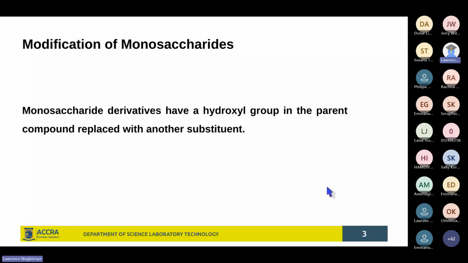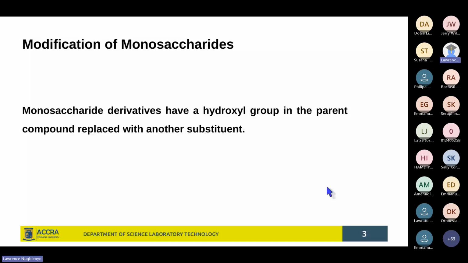Generally, monosaccharide modifications are compounds that are derived from a parent monosaccharide. If you see on the structure of these monosaccharides we have seen so far, I mentioned that they are all polyhydroxy, meaning that you have hydroxyl groups all over on the carbons that are in the structure of these monosaccharides.